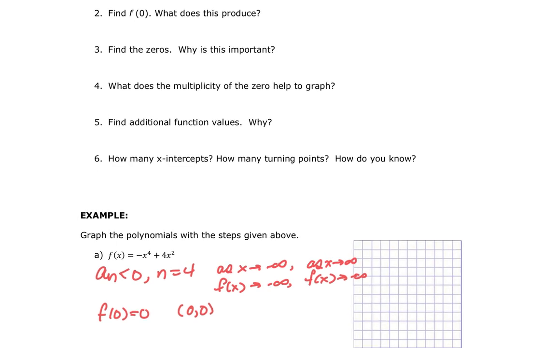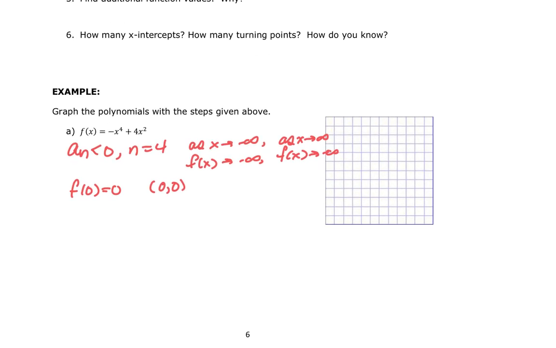That's number 2. Finding the zeros, so in other words, I'm going to go ahead and factor this. Negative x to the fourth plus 4x squared is equal to 0. I'm going to factor out a negative x squared, leaving me x squared minus 4 is equal to 0.